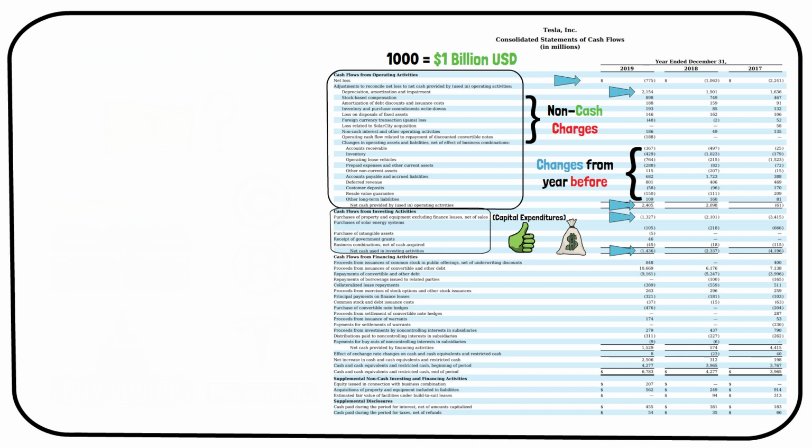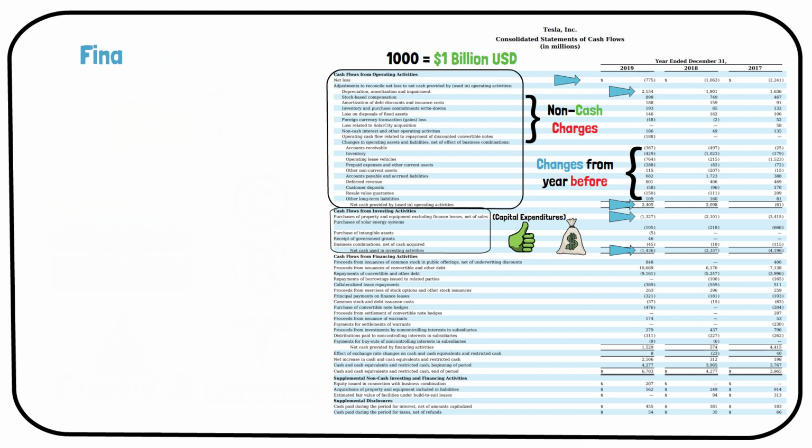The last section of the cash flow statement is called cash flow from financing activities. The operating cash flow shows how much cash Tesla made or lost from operating their business, and the investing cash flow shows how much cash Tesla spent or received from buying more assets or selling existing assets.